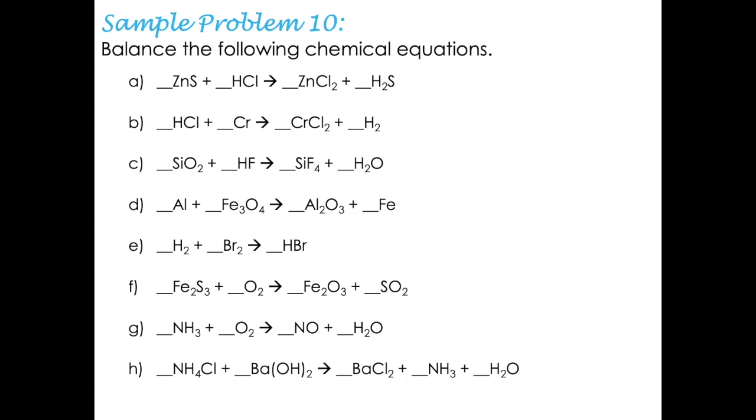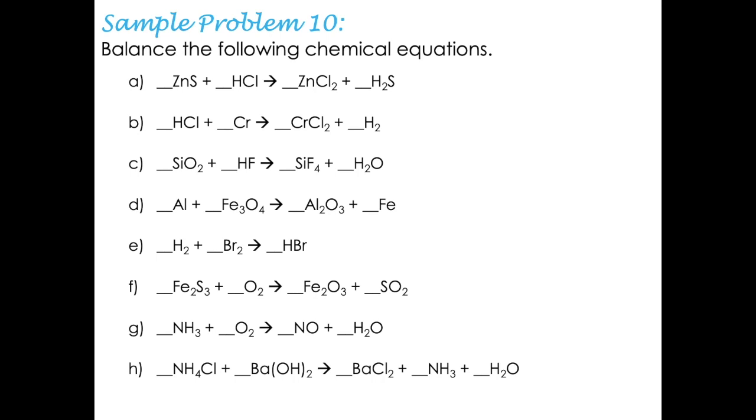So the whole point of balancing is to satisfy the law of conservation of mass. We need to make sure that the number and type of each atom is the same on both sides. If we start by looking at A, I have 2 chlorine atoms in my products, but I only have 1 chlorine atom in my reactants.